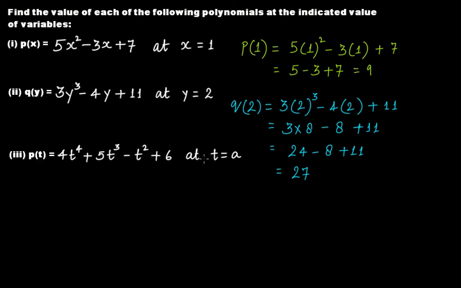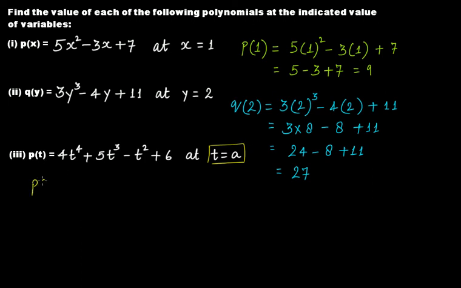In this case, you have to put a at the place of t. Now if you pay attention to this one, at the place of t, when you put a, you are actually putting another variable, because a is itself a variable.